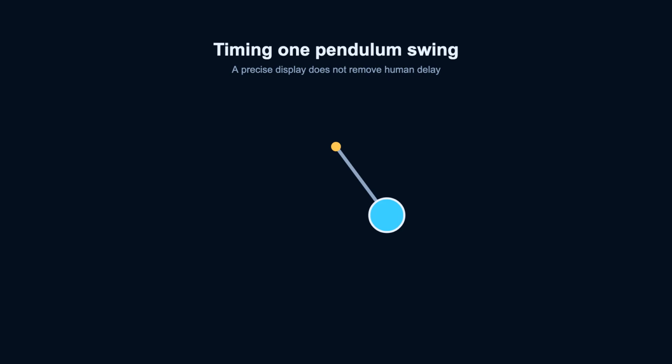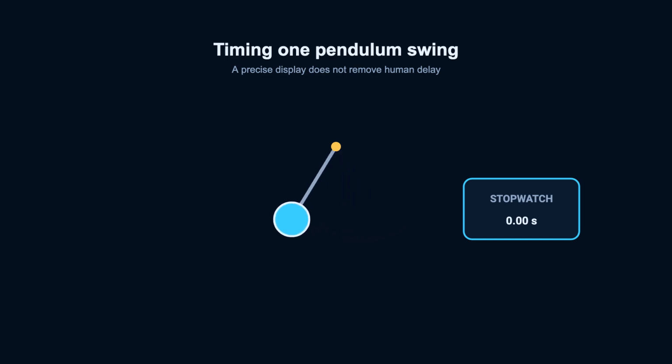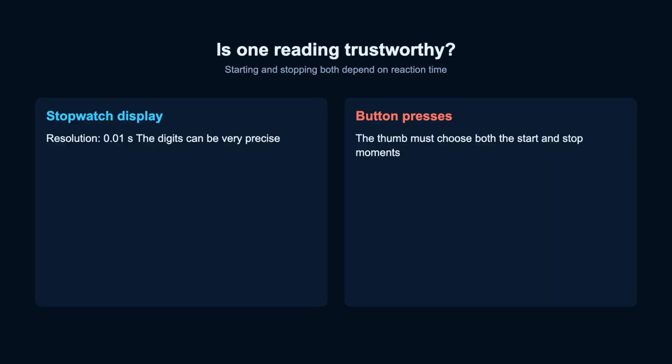Suppose you time one swing of a pendulum with a stopwatch reading to 0.01 seconds. Is that single reading trustworthy? Think about the moment your thumb presses the button to start and stop it. Your own reaction time adds error into that one measurement. And for a fast swing, that delay can be a large chunk of the total.